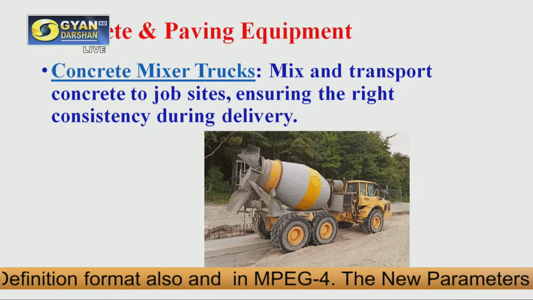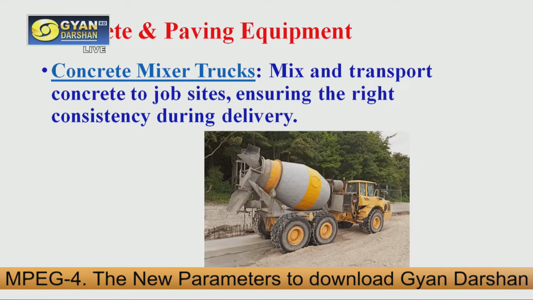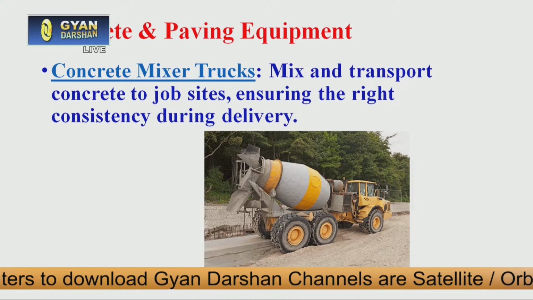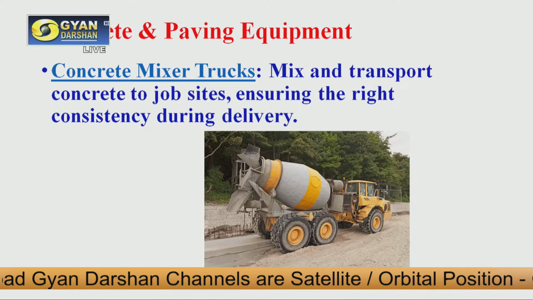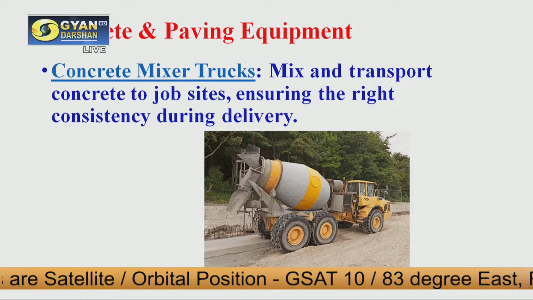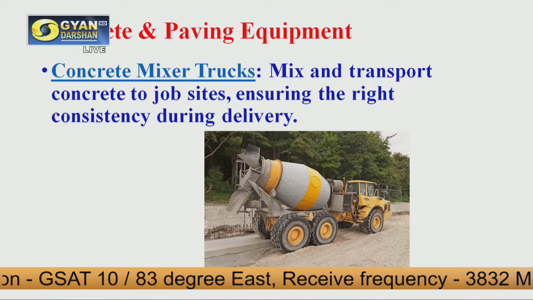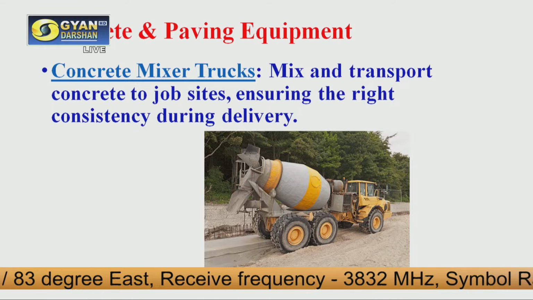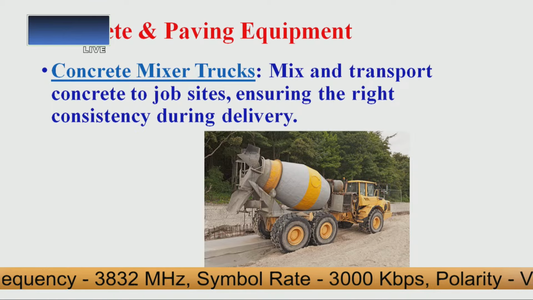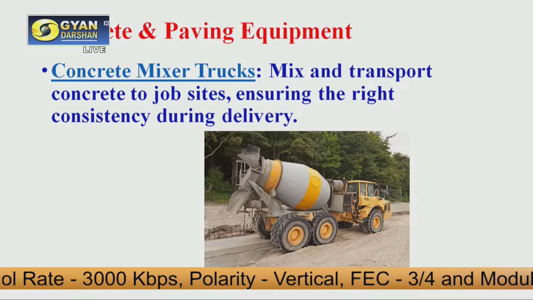Then another type of machinery which is very much used at the construction site is concrete and paving equipment, in which the first one is the concrete mixer. There are two types of concrete mixers. One is non-movable, which prepares the concrete at the site itself, in situ.